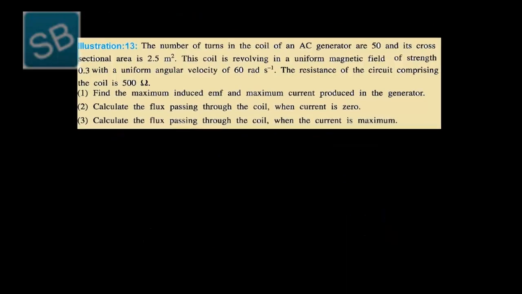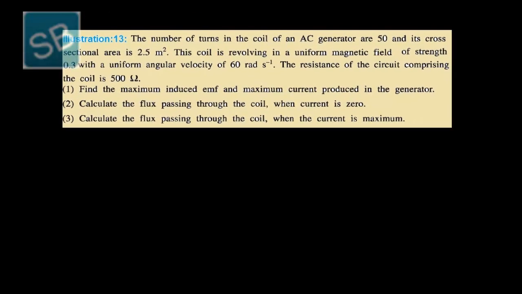So let's start the last example of this chapter number 1, illustration number 13. The number of turns in the coil of an AC generator are 50. Therefore, capital N is equals to 50 and its cross-sectional area is 2.5 meters square.